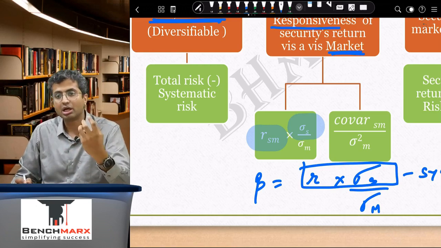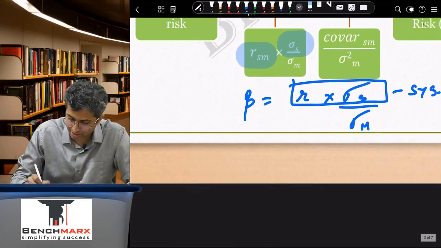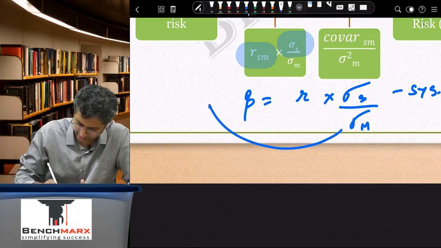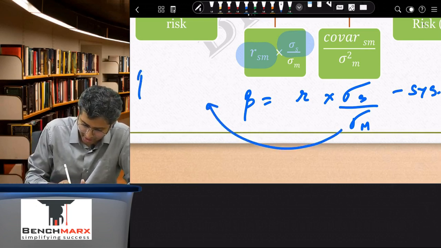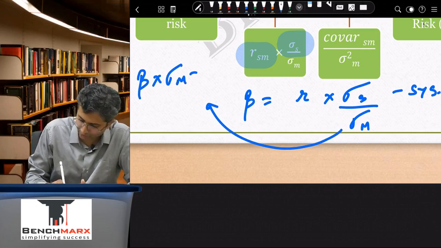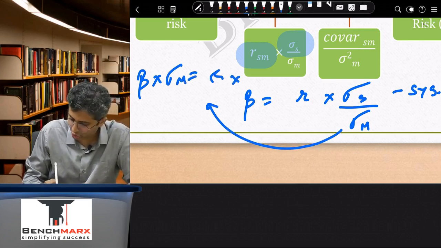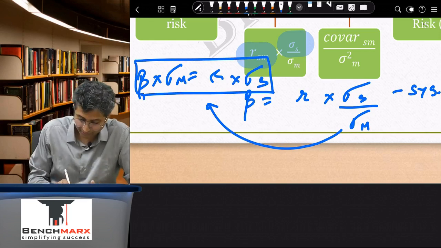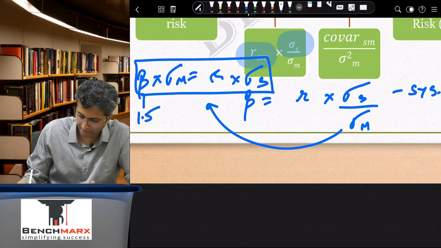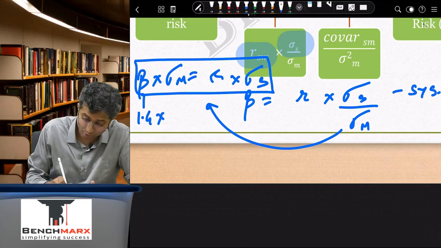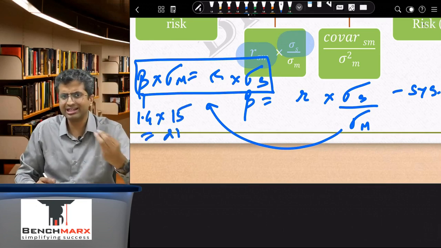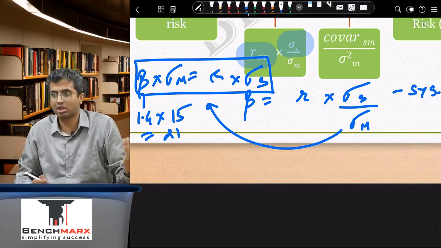If I rearrange this and take the standard deviation M on the other side, this will be beta into standard deviation M equals R into standard deviation S. So over here, both of them are equal. So my risk is not 1.5 or just 1.4, it is 1.4 into 15. And hence 21 is my systematic risk. It is just that it is 1.4 times the market.